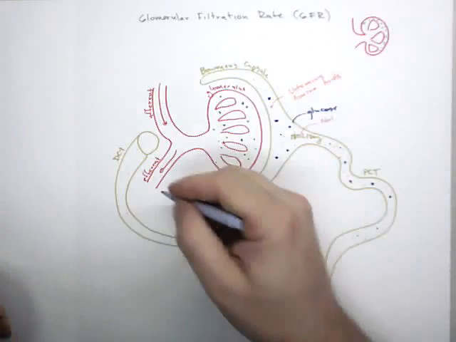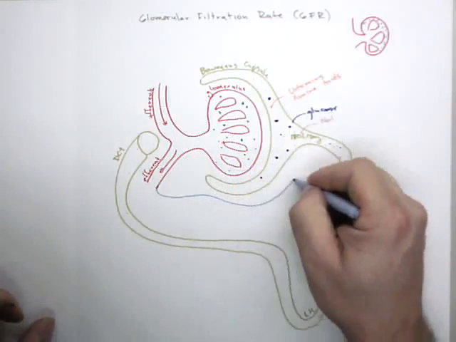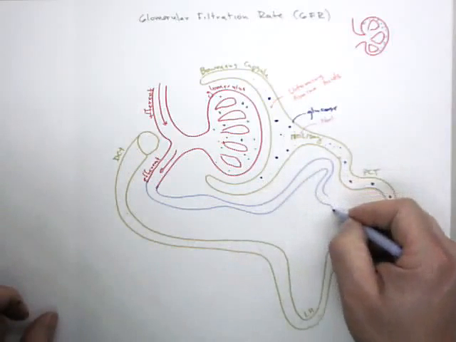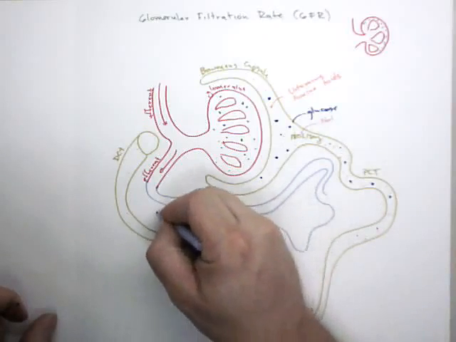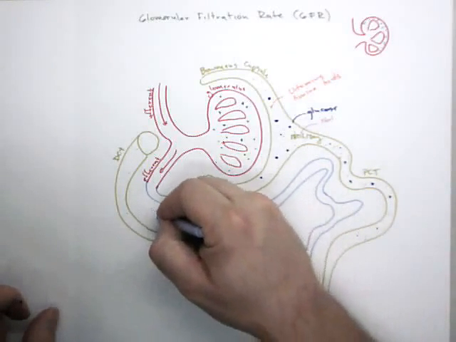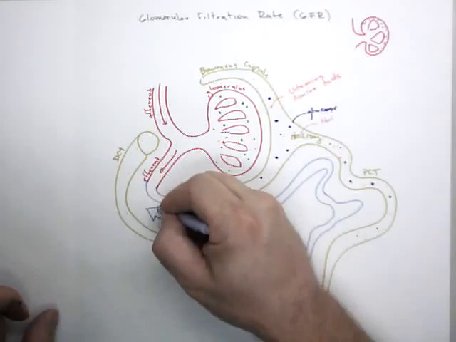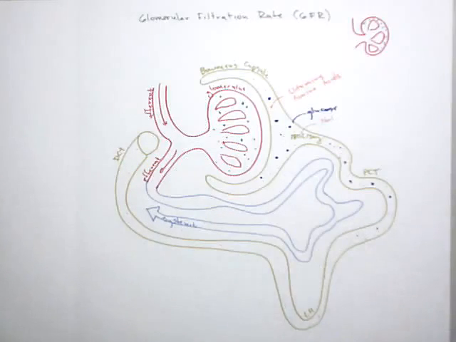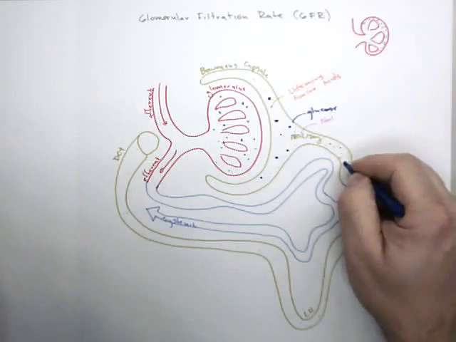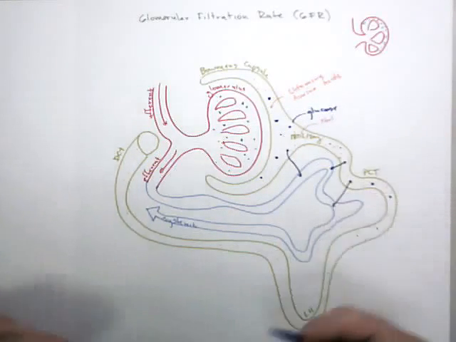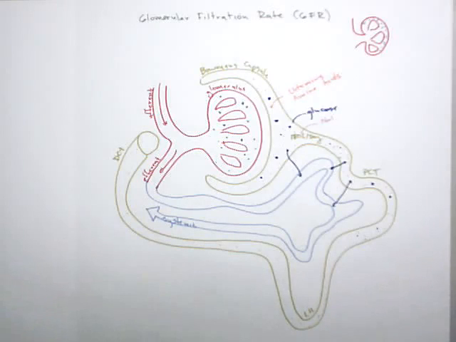First of all, where you pick it back up is the efferent gives rise to a capillary bed called the peritubular capillaries, and this is going to wind its way around and pick things back up. Eventually, this is going to head back to systemic circulation. As the peritubular capillaries wind through, hopefully there are transporters taking this glucose that you don't want to lose back into the peritubular blood.